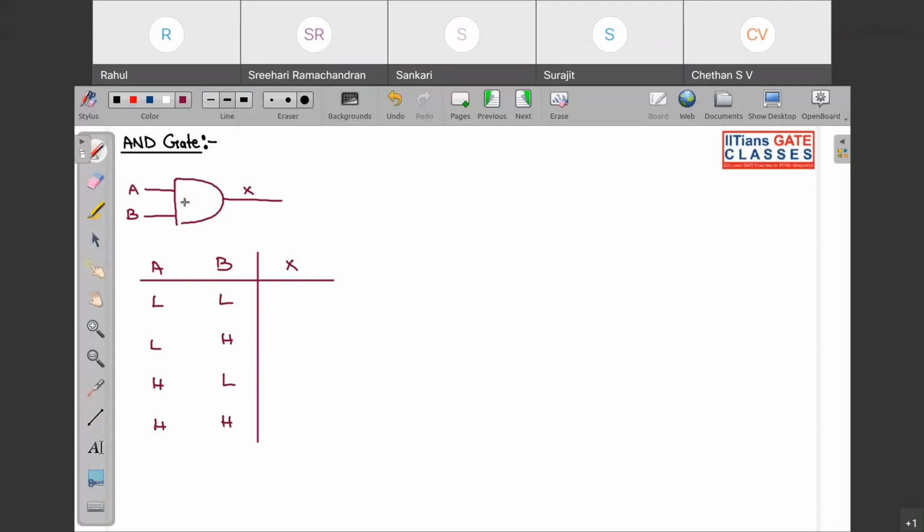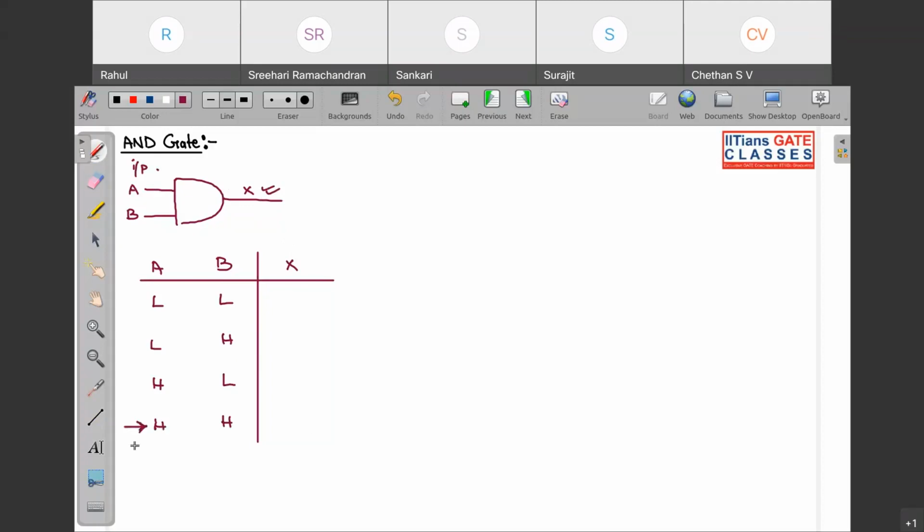So your AND gate has its output here, and these are your inputs. The AND gate has output high when all the inputs are high.